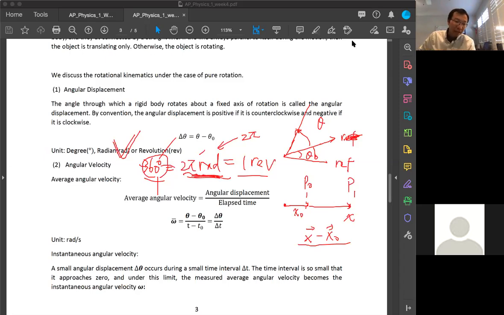That gives you the average angular velocity, right? Usually it's defined as omega. If you learn about derivatives, the instantaneous angular velocity, well, we just approach the time interval to 0, and it gives you a function of time, showing how the angular velocity changes instantly, right?